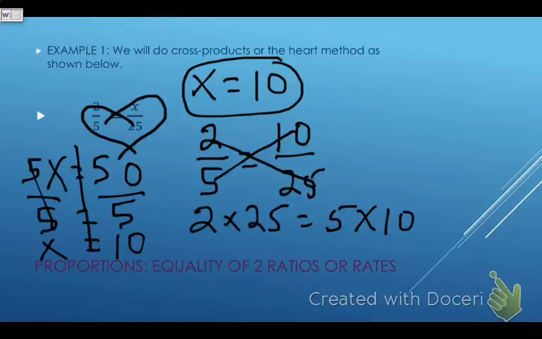If both answers are 50, then x is the correct solution, and 2/5 and 10/25 are equal rates or ratios. So 2 times 25 is 50, 5 times 10 is 50. Sure enough, 10 is the correct solution, and 2/5 is equivalent to 10/25.